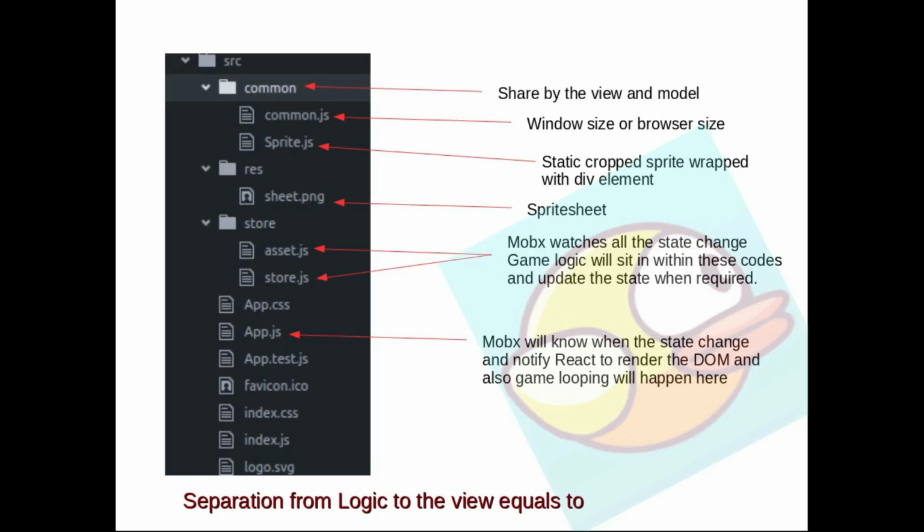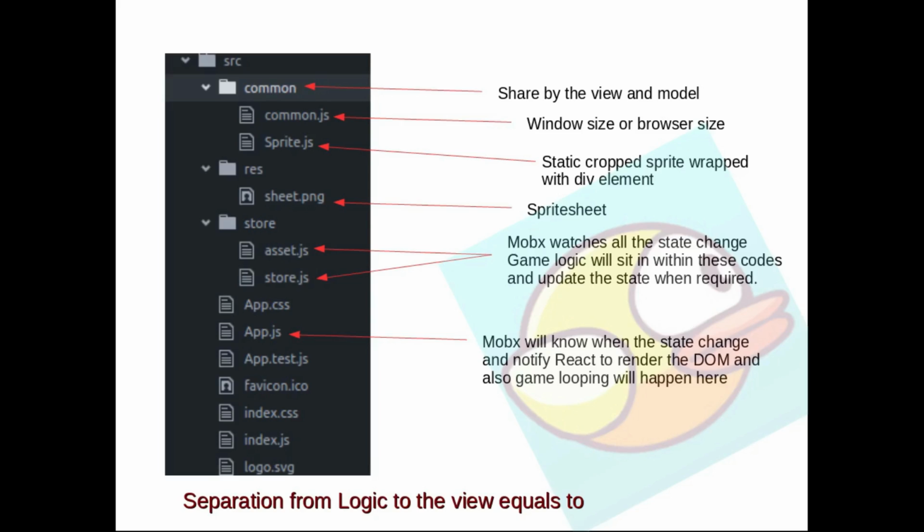But the big takeaway here is the separation of the logic from the view. As you can see here, we have a very distinct category of where things should be. So all the state management is under the store folder, whereas the app.js is only handling all the view.